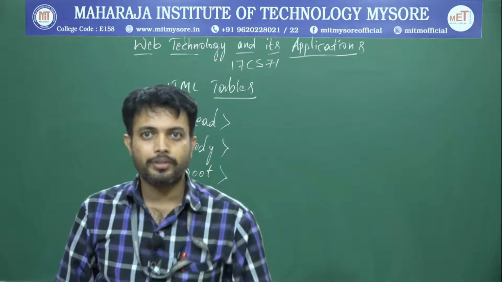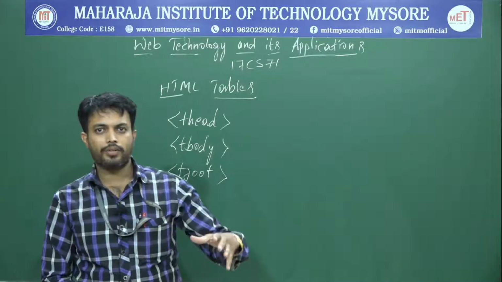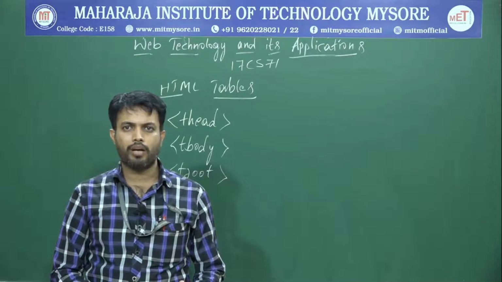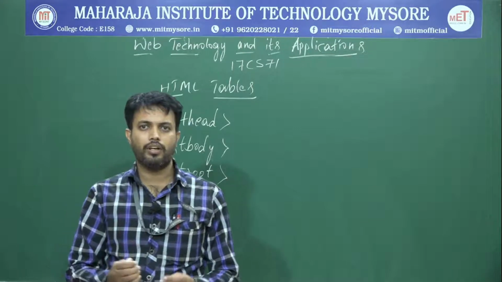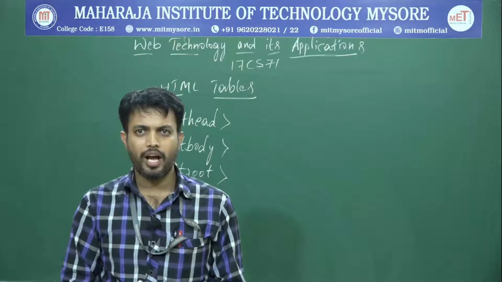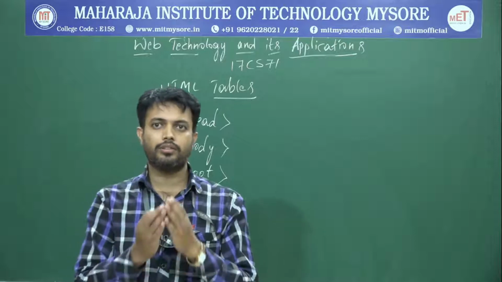Why do we need these sections? In order to style each section differently. For example, an entire table will have one set of style. Suppose I want to style the header differently, the body differently, and the footer differently.